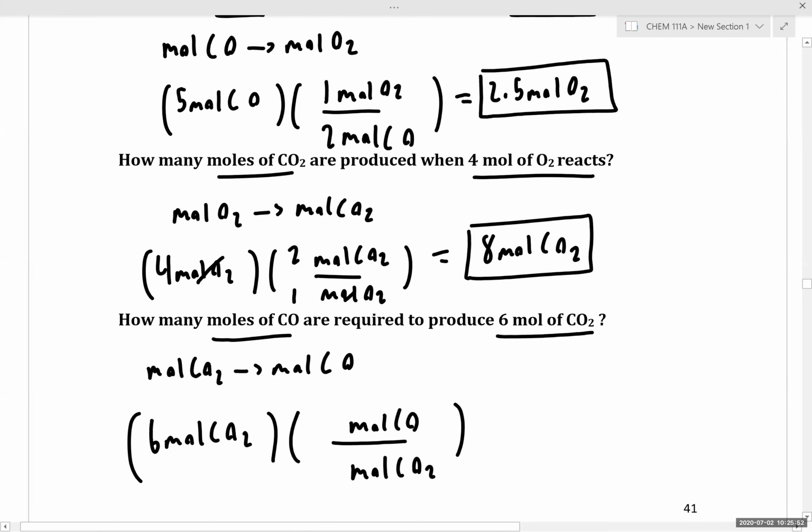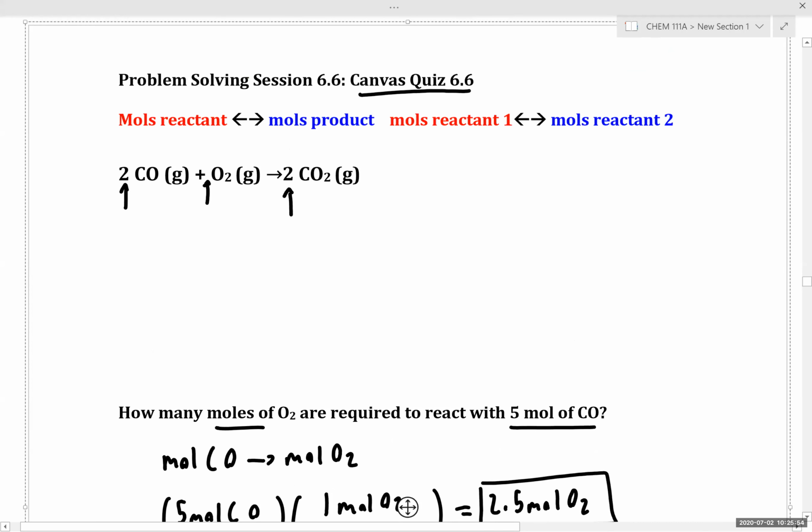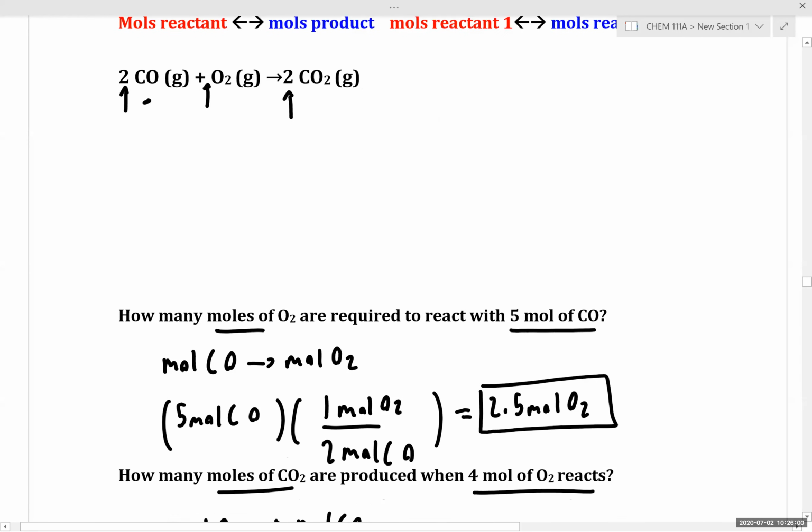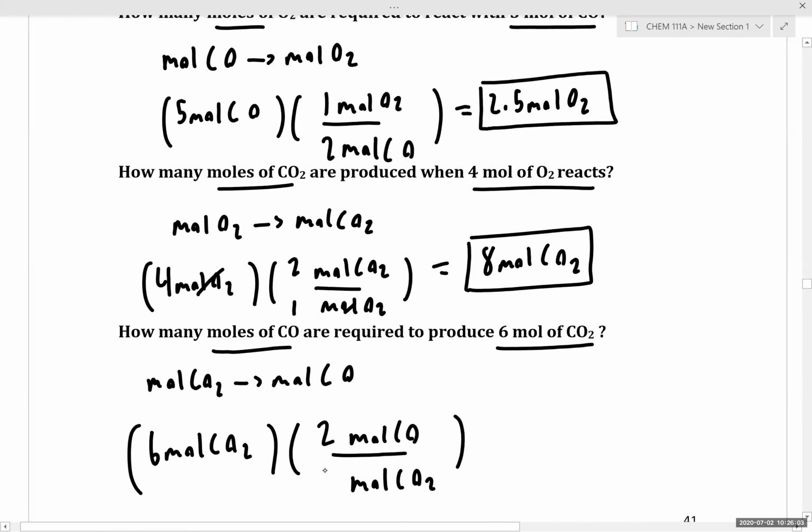What's our mole to mole ratio? So looking at our equation, what's our ratio of carbon monoxide to carbon dioxide? 2 to 2. And that in turn, after the moles of carbon dioxide cancels, we get 6 moles of carbon monoxide.